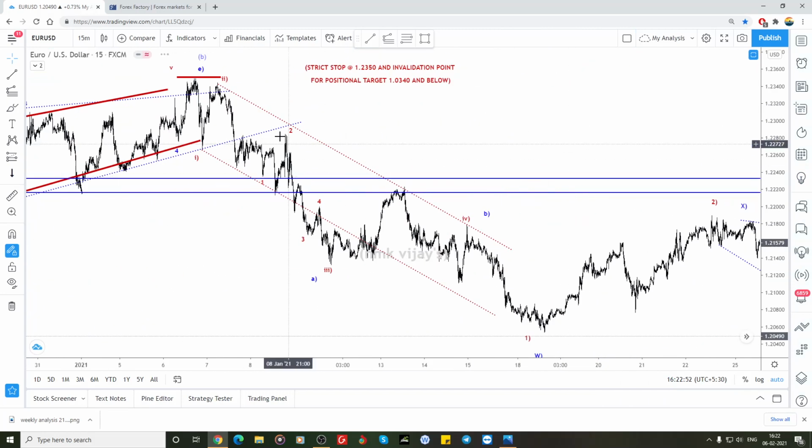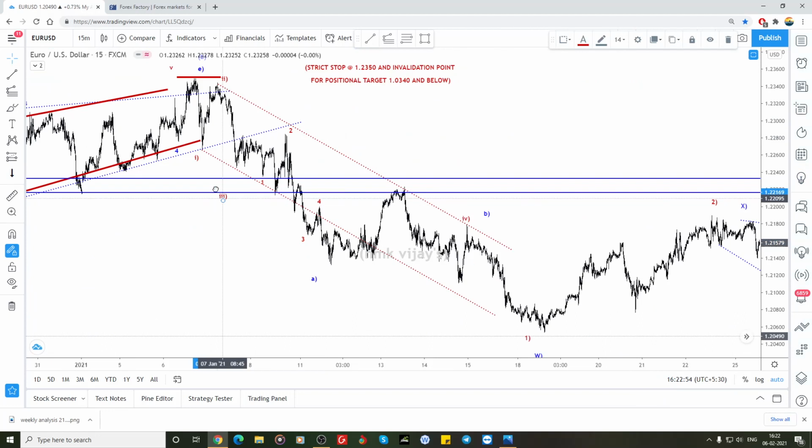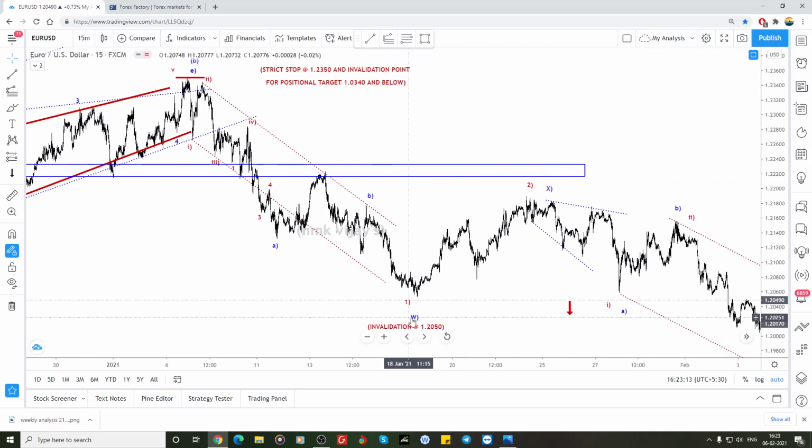From the previous one, what I had done, I think two to three weeks before, I took it as a 1, 2, 3, 4, 5. So this could be a B and C, so this could be a W, it's not a 1 now.